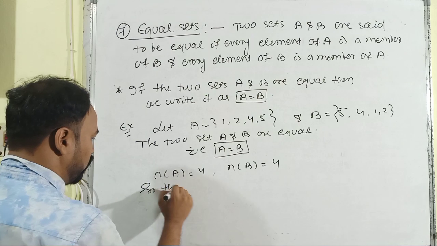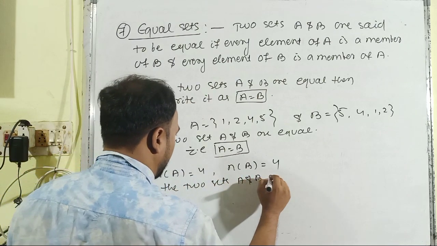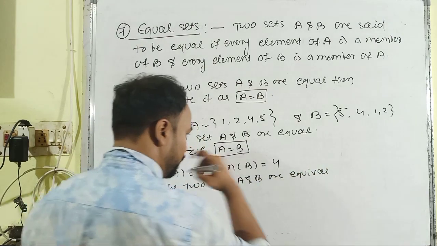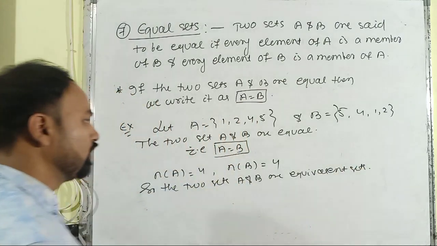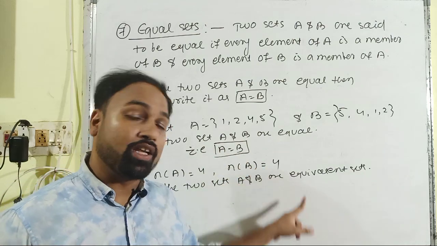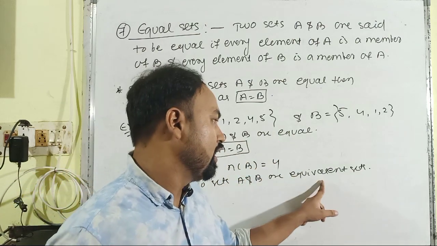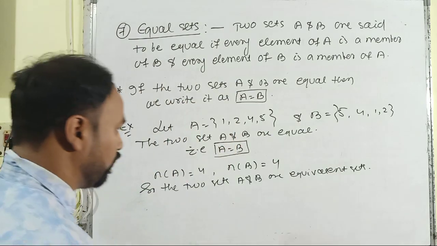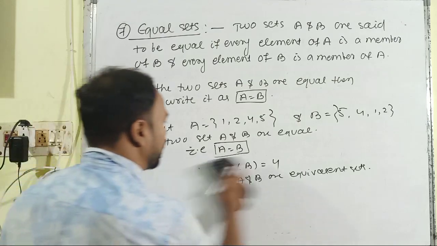So the two sets A and B are equivalent sets. That means every equal set is an equivalent set. Each and all equal sets are equivalent sets. But let us see another example, to check whether any equivalent set is an equal set or not.